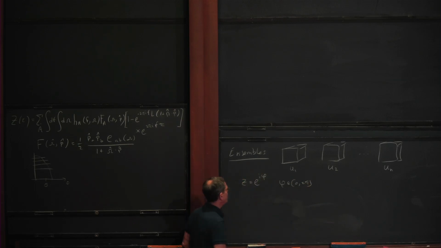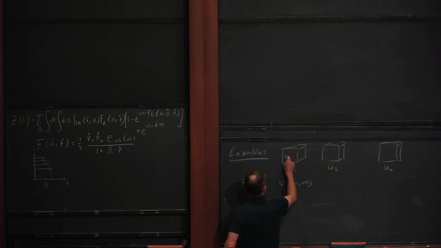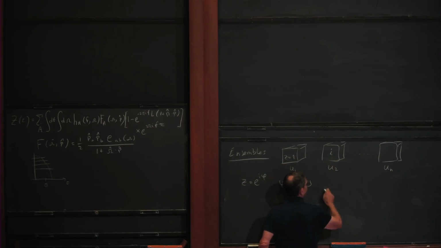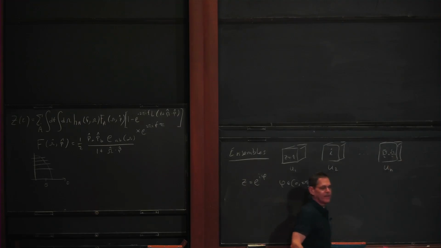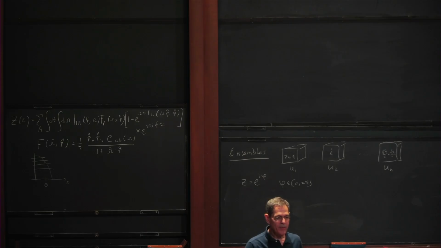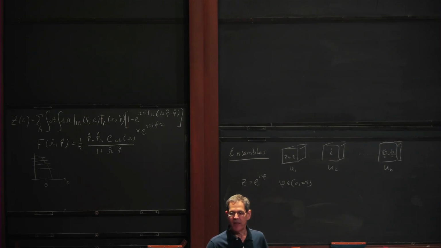So for example, in this universe, z is equal to 1. In this universe, it's equal to i. In this universe, it's the square root of 2 over 2 plus root 2 over 2 i. Okay? There's just some large number of universes. If you happen to live in one of those, the value of z in that box, that's ours. But suppose you don't know what that is and you want to understand the effects of things.